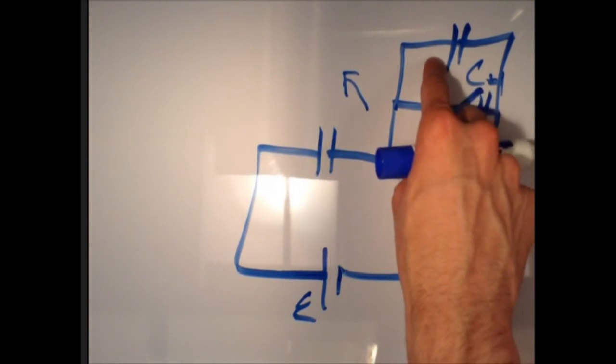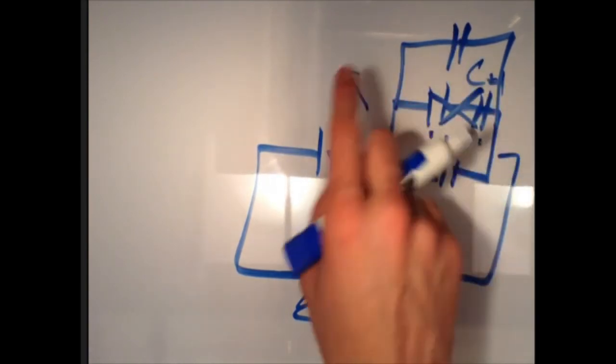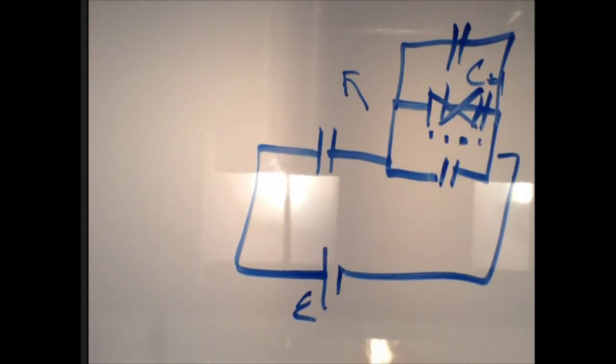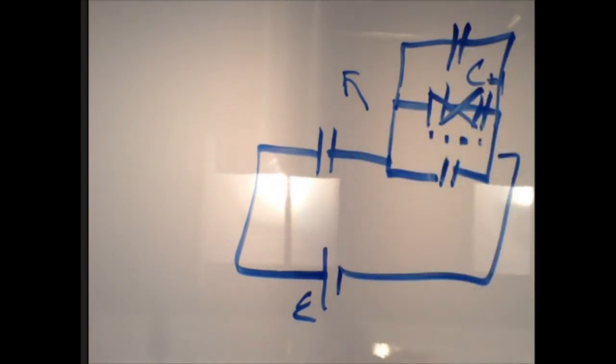So if this thing is made up of two capacitors in series, take the charge with you, because series capacitors share the same charge. If this equivalent capacitor was made up of two in parallel, take the voltage with you. And I've got a video tutorial on voltage on capacitors in case you have forgotten.